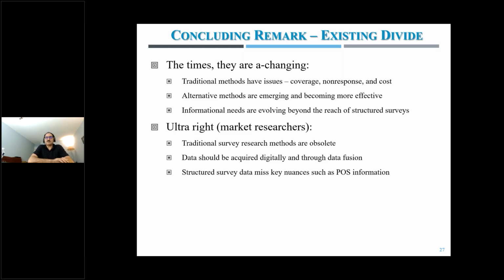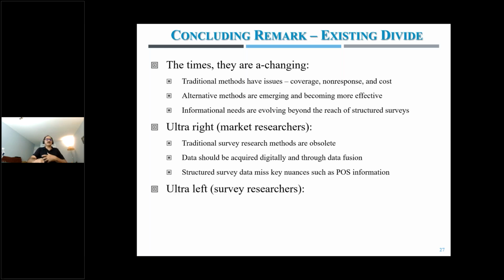Data need to be captured digitally through data fusion, through big data. They seem to be quick in terms of chasing the shiny objects. And they state that structured surveys fail to produce some of the nuances, such as point of sales information that might be very important to market research.